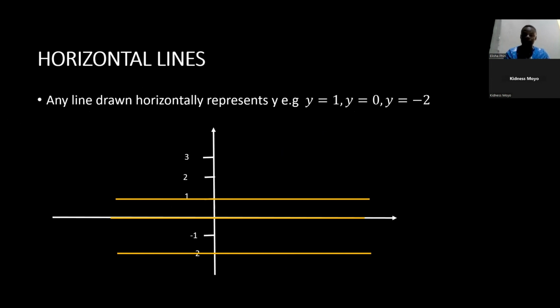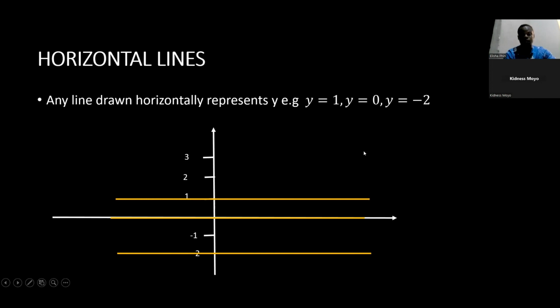So any line drawn horizontally represents the y-axis. So if let's say we have this one as an example here, say y is equal to 1, then that line will actually be drawn horizontally and it's going to cut the y-axis at a point where it is equal to 1. And this is the one that we have here.